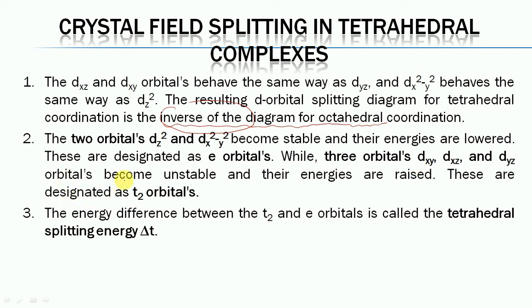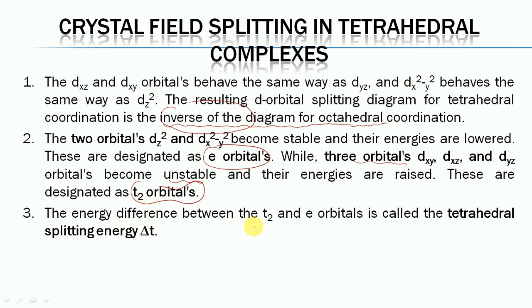So in this case, the two orbitals dz square and dx square y square become stable and their energy is lowered, and these are designated as E orbitals, while the three orbitals, dxy, dxz and dyz, become unstable and their energy is raised, and these are designated as T2 orbitals.